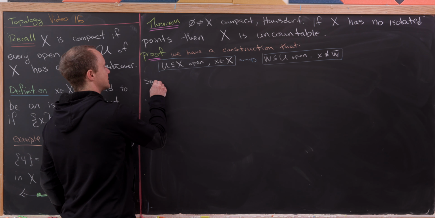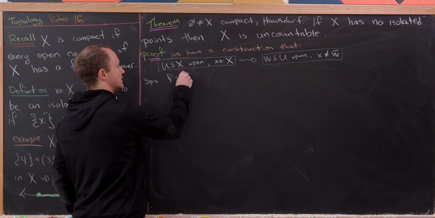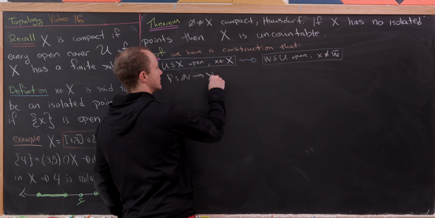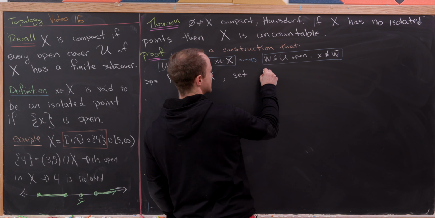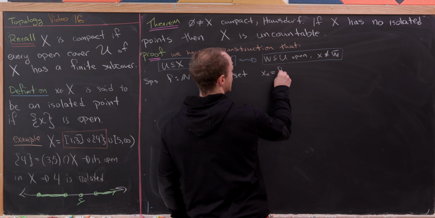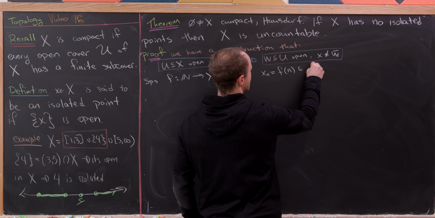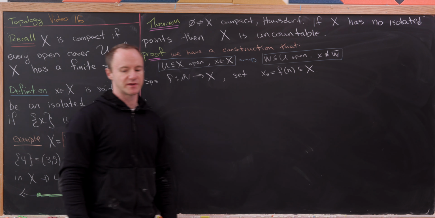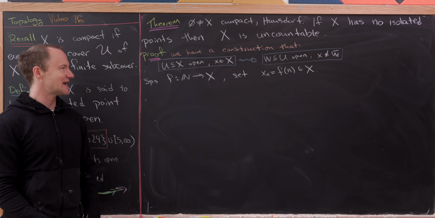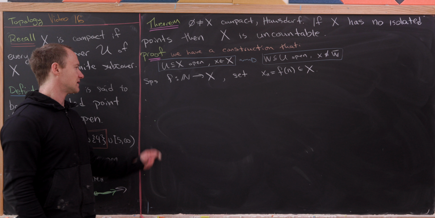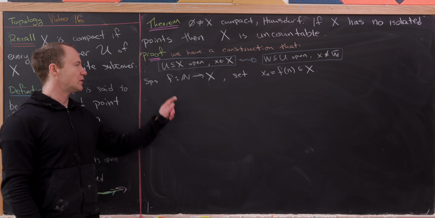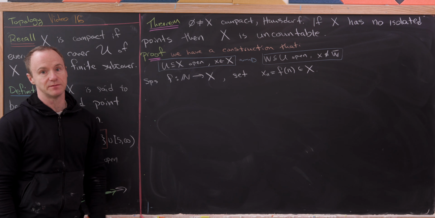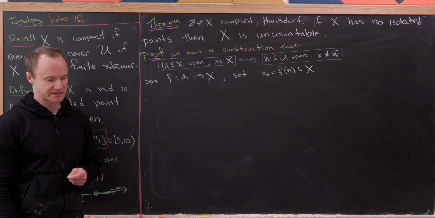Now let's suppose that we've got a function f from the natural numbers to X. From this function, let's create a sequence. Let's set x sub n equal to f of n. Notice that these are all points within X. Now let's step back a little bit. If X were countable, then it would be possible for this function to be onto, or surjective.